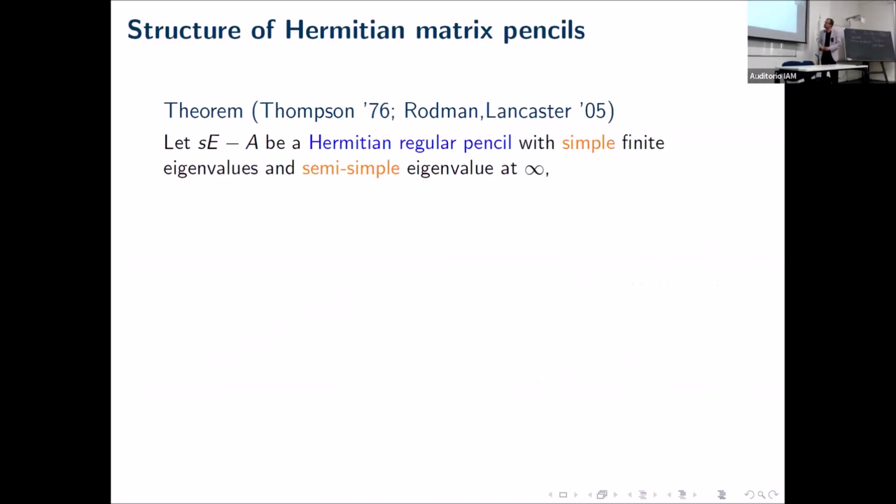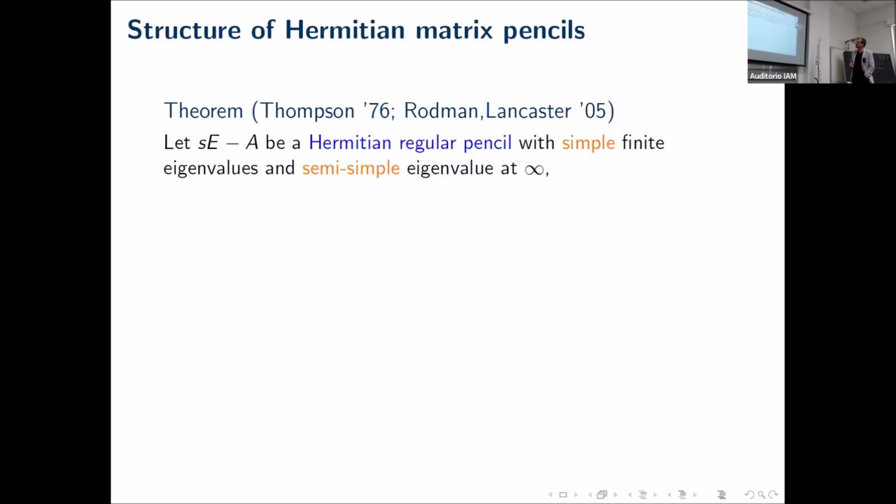And there is a well-known, very old result, a normal form for Hermitian regular pencils. They have to satisfy some small additional property, that the complex plane is not full of spectrum, but let us not stress this point.